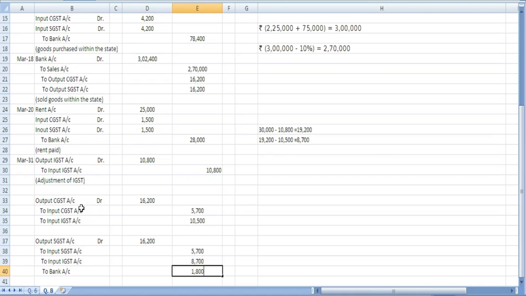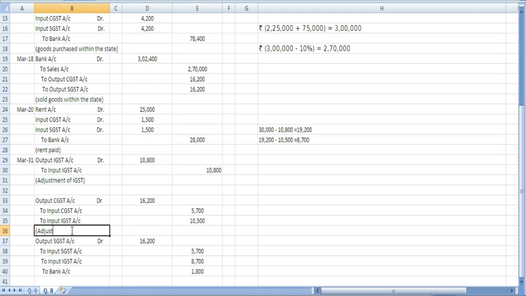We first have to adjust output CGST with input CGST. So after adjusting this input and output, we got 10,500. Still the amount was balance 8,700. That we adjusted with output SGST. First we adjusted output SGST to input SGST, then 8,700 input IGST, and the balance we are making it as a final payment. So we'll write the narration here.